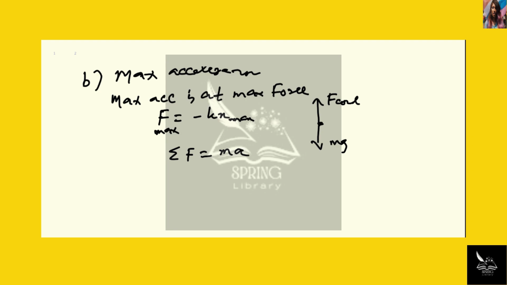So we apply Newton's law for that. The net force at that point is equal to ma, and the net force is equal to F cord minus mg. So F cord minus mg is equal to ma.